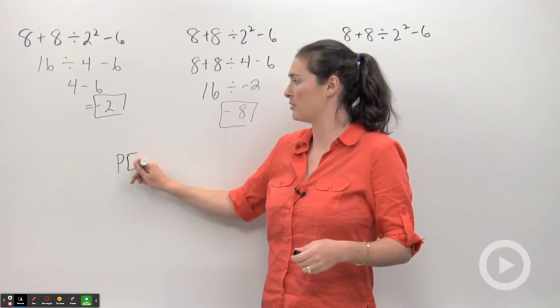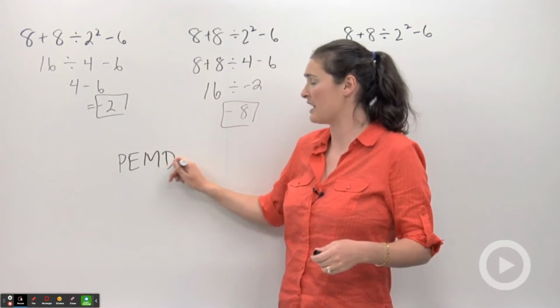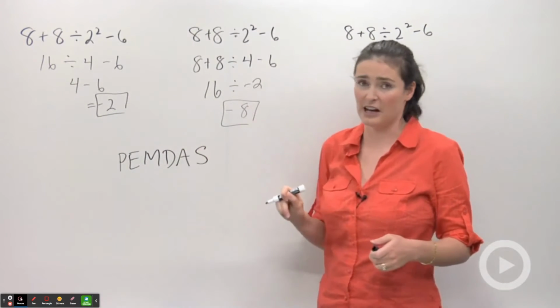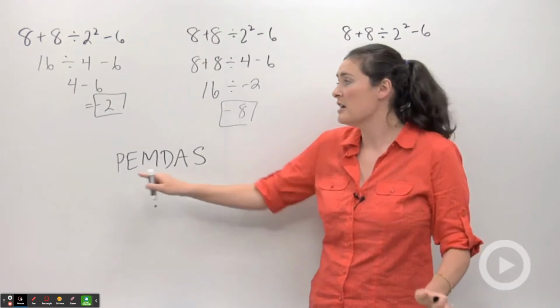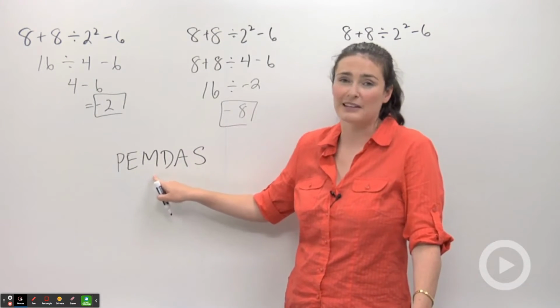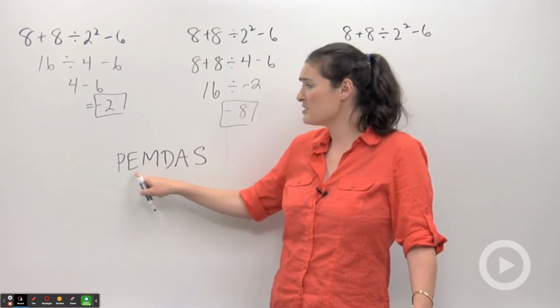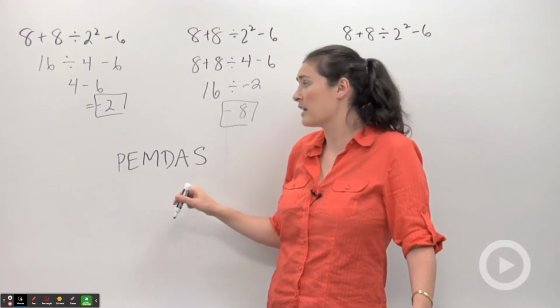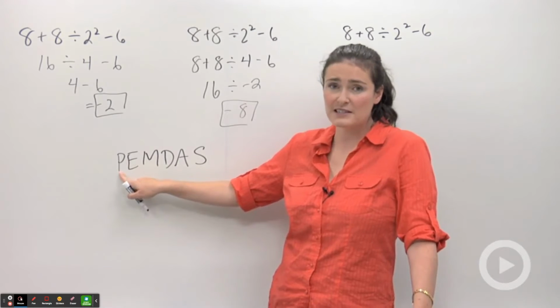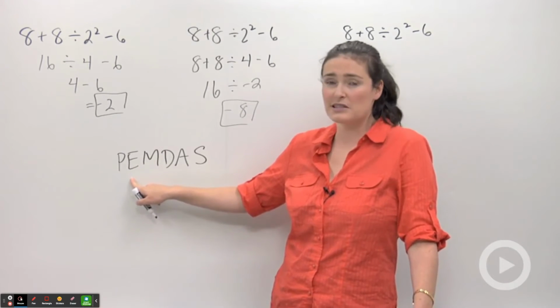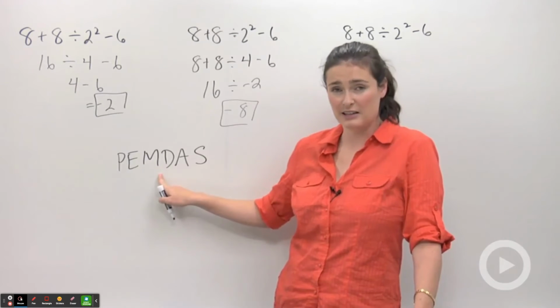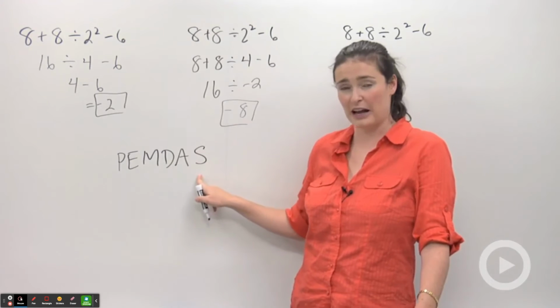Most people remember it using this acronym, PEMDAS, which stands for Please Excuse My Dear Aunt Sally. That's another way you could remember it. But each letter stands for a mathematical thing. P stands for parentheses, E is for exponents, M, multiply, divide, add, subtract.